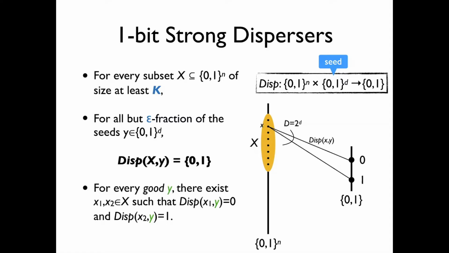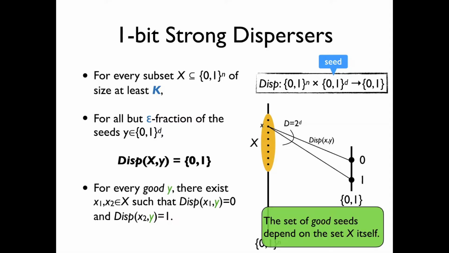So it's 0 and 1. Another way to say that: for every good Y, there exists a pair of X's, X1, X2, such that one of them maps with that Y to 0 and the other maps to 1. Okay, and just to emphasize, the set of good seeds is not in any way universal, but depends on the set X itself. So every large enough set induces a set of good seeds and bad seeds.